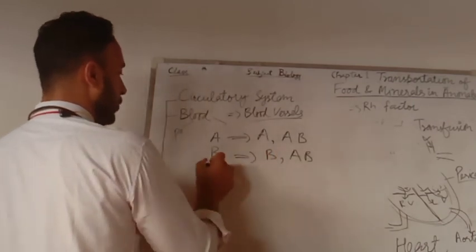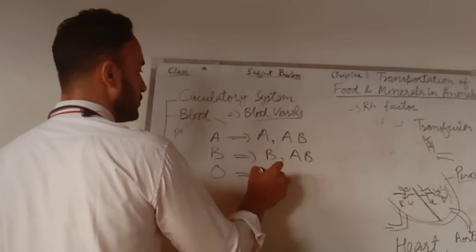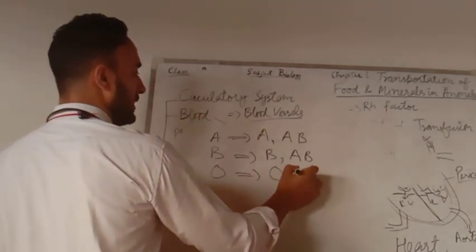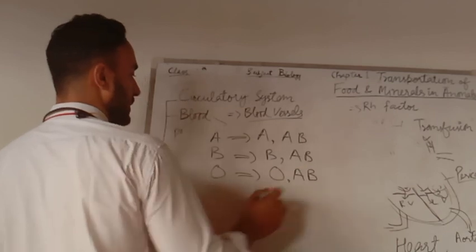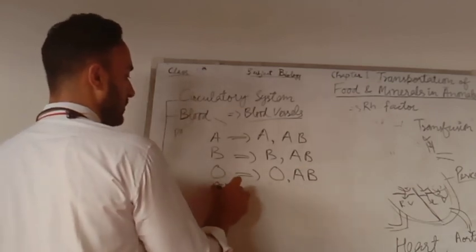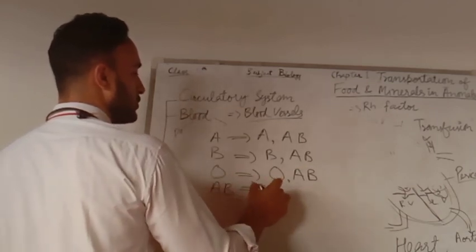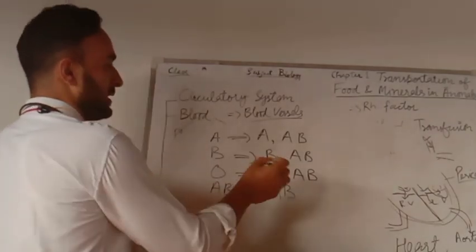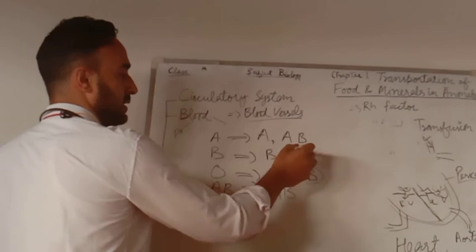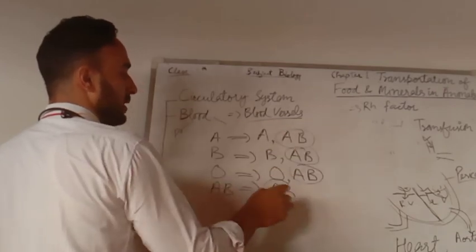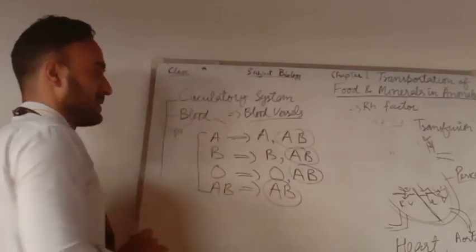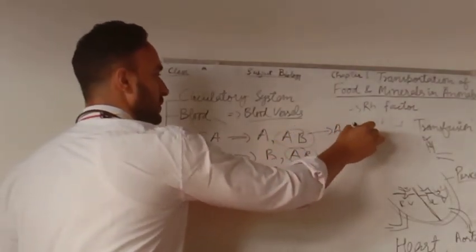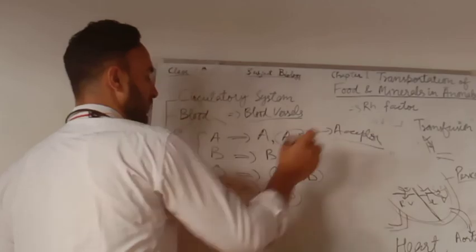Okay, and O blood group can give blood only to O and AB, and AB blood group person can give blood only to AB. So we can say that AB person can receive blood from any of the blood types. So we can say that AB is the universal acceptor.